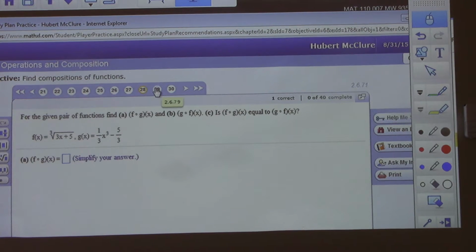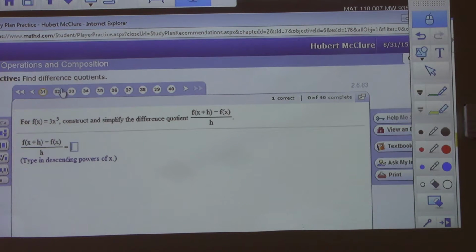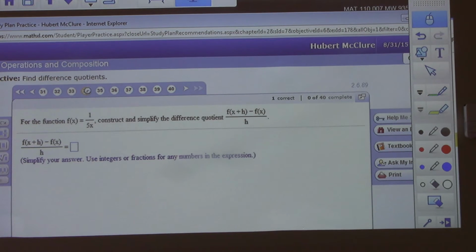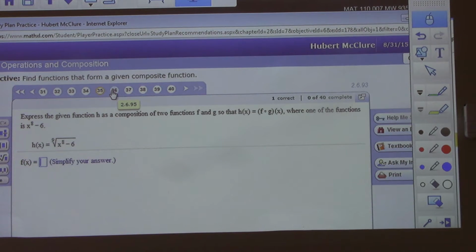Trying to find one where we go backwards. There's one. Well, they give you that one. Alright, here we go. It says express the given function h as a composition of two functions f of g so that h of x is f composed of g of x where one of the functions is x to the 8th minus 6.